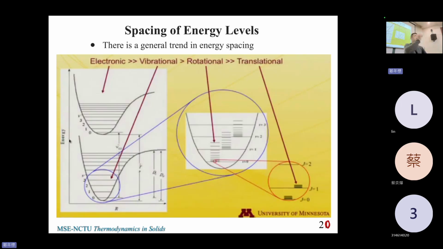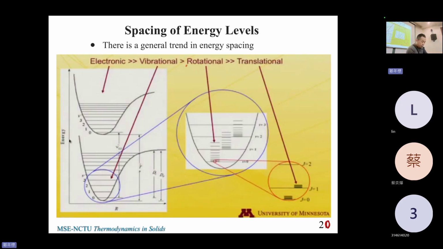Translation, moving around, needs only a little bit of energy, and also they have plenty of component directions, so they can be distinguished. Okay, and you can see the translational energy levels are so packed, just like continuous.